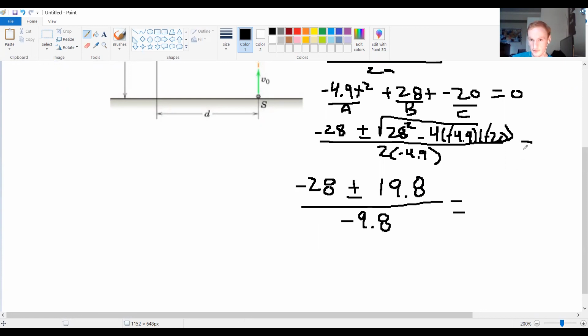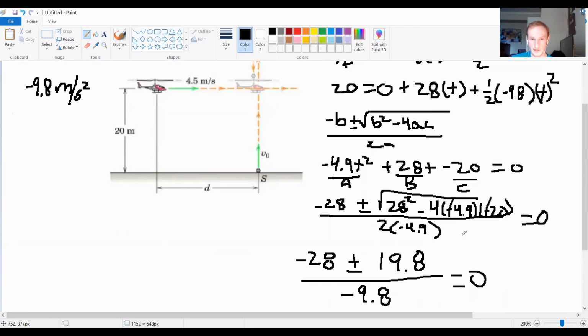Oh, I forgot that. Keep it equal to 0. All right, so you got the positive and negative case, and this all equals either 4.88 or 0.84.